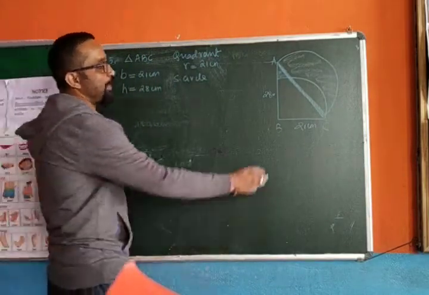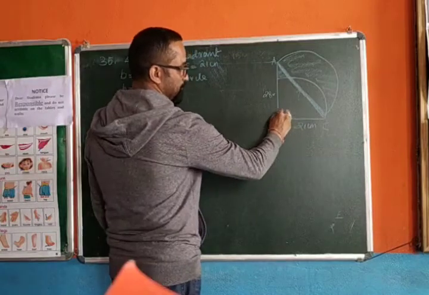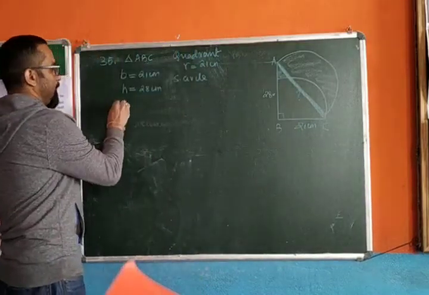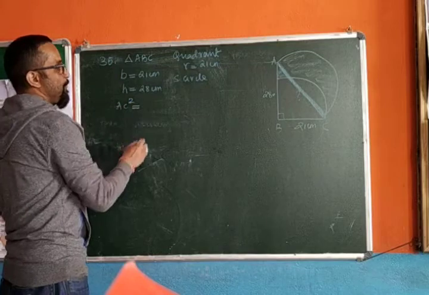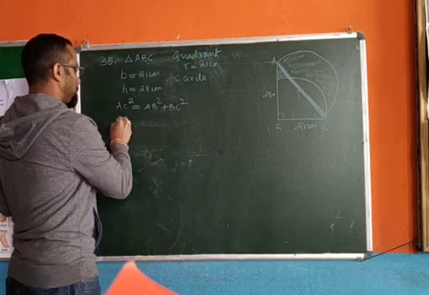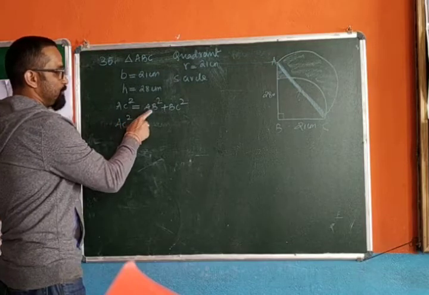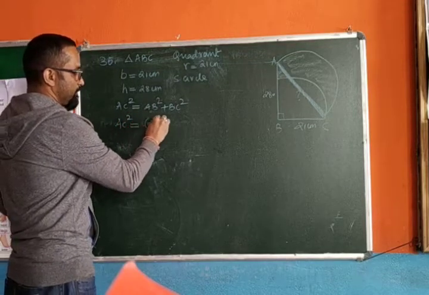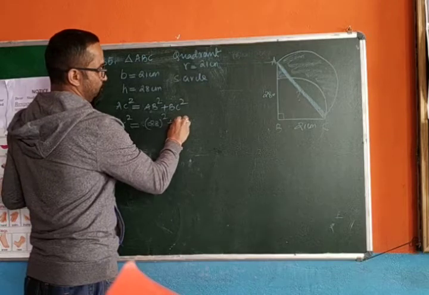So we use Pythagoras theorem to get this. AC squared equals AB squared plus BC squared. AC squared equals 28 squared plus 21 squared.